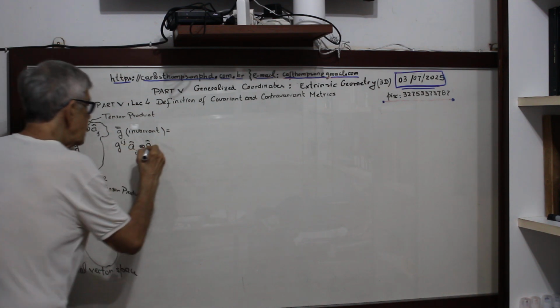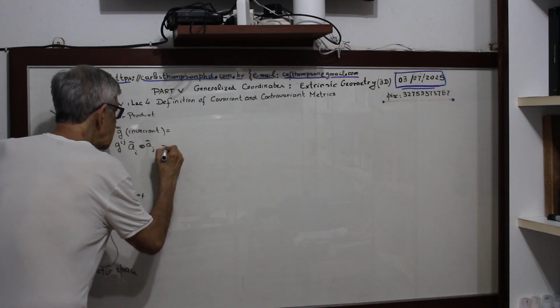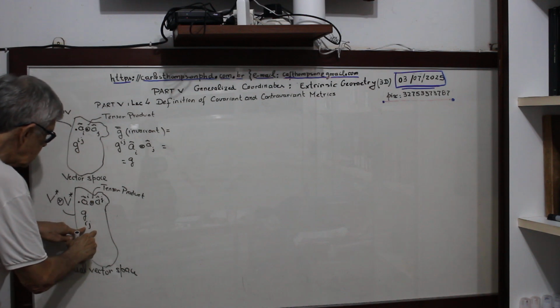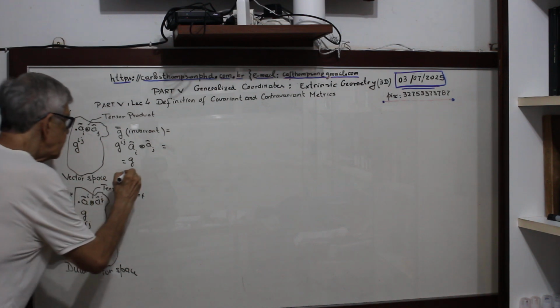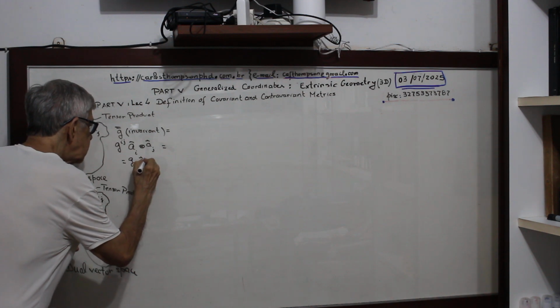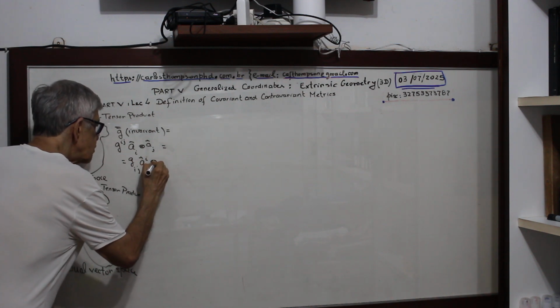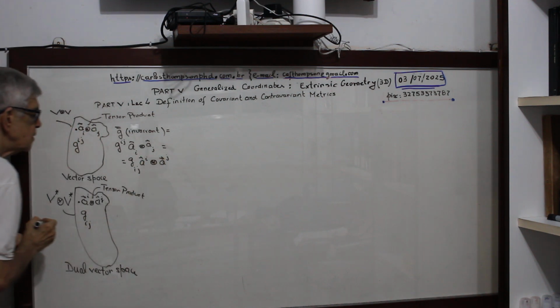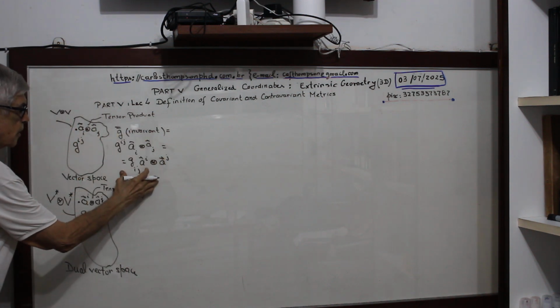And this is equal to G. Now, you look at here, you have G_ij a^i tensor product a^j. See? This is invariant.